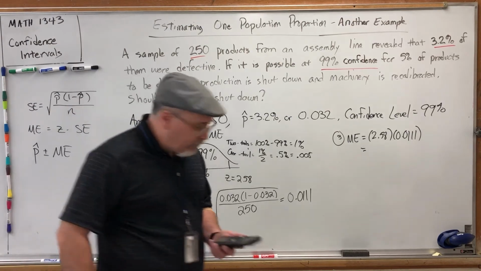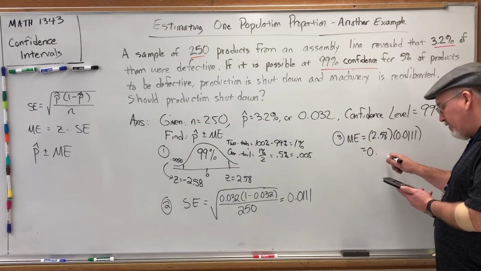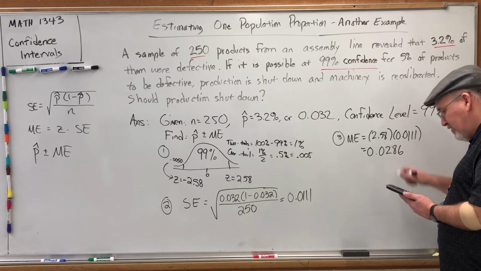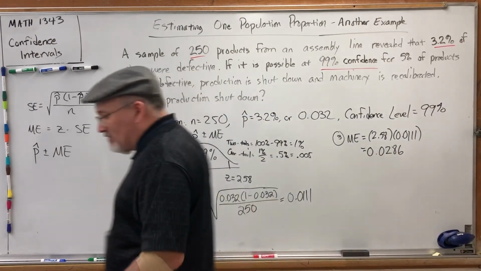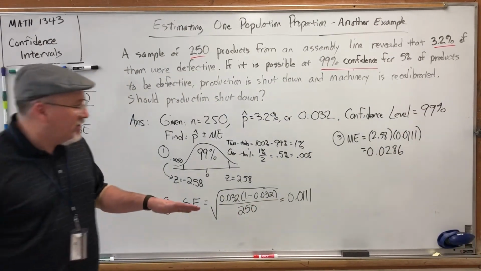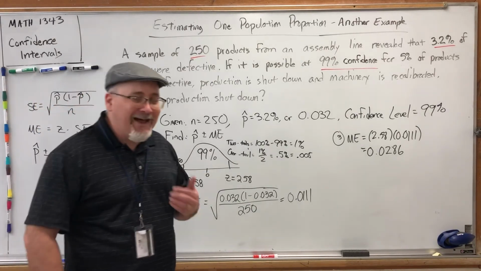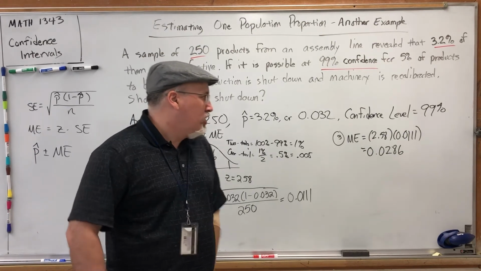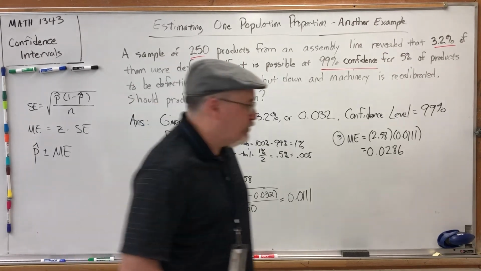But to 4 decimal places, we're going to get 0.0286. Make sure I wrote that down correctly. Yes. And again, if somebody's watching this who's not in my class and you're like, that's not the answer, it's 0.028638. I know that, but the protocol I'm using on these is when you do a calculation, if it's more than 4 decimals, round it to 4 decimals.